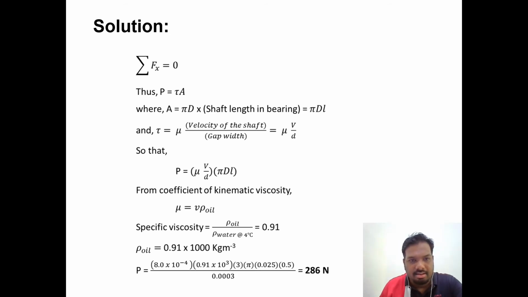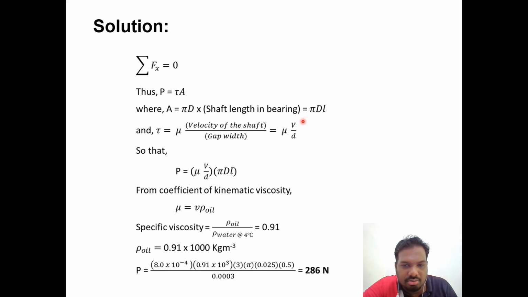Thus P or F equals tau A. We know the formula for shear force is tau A. A for a cylinder is pi d L, pi d times the length of the bearing or shaft. And tau is mu times velocity over gap, mu v over d.